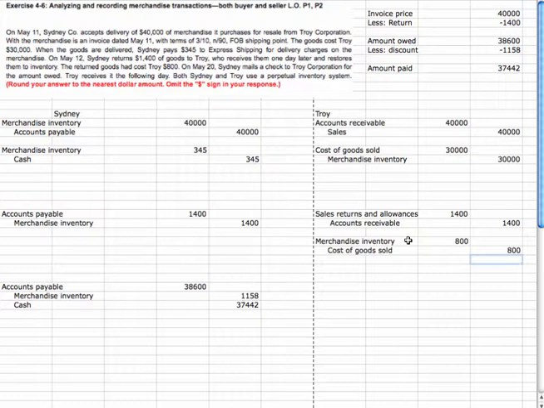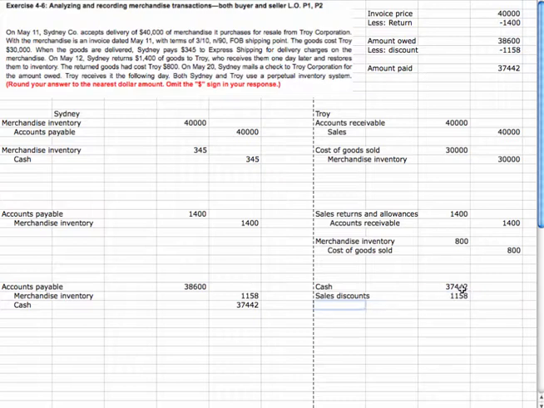Okay, the last entry that we need to make here is when we receive the cash. Once again, we've already calculated how much cash we're going to receive because Sydney is going to send it to us. So we're going to increase our cash account by the $37,442. We're going to increase our contra revenue account called sales discounts in the amount of the discount that Sydney's going to take, which is $1,158.